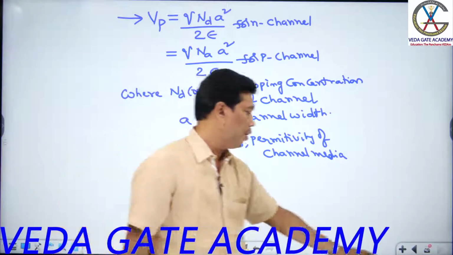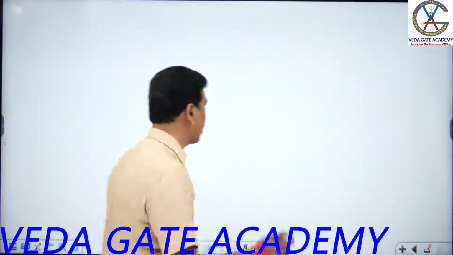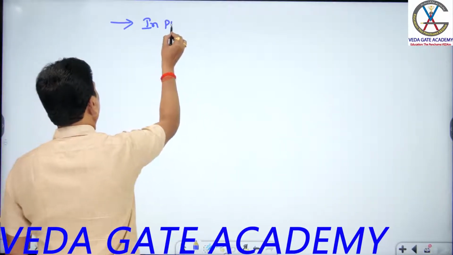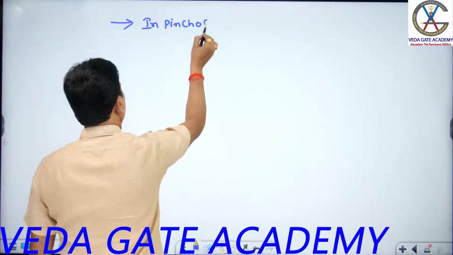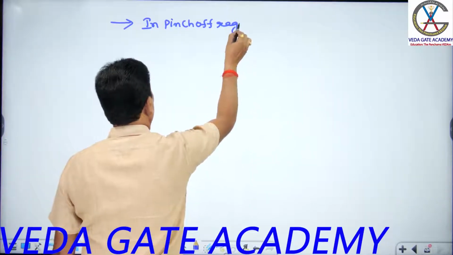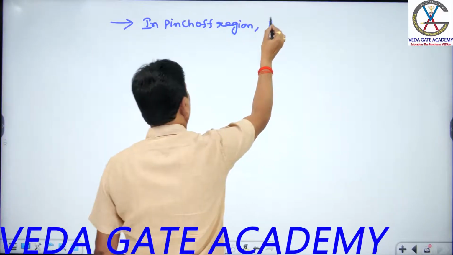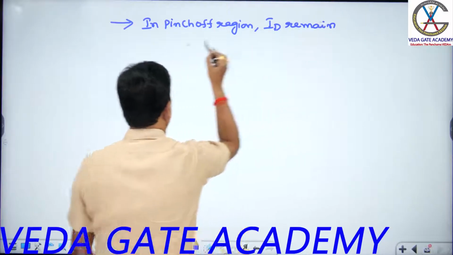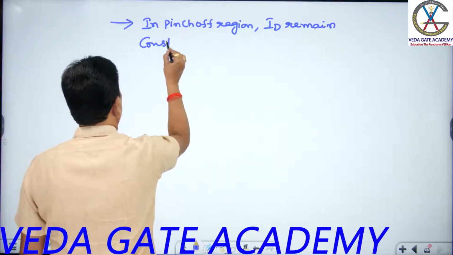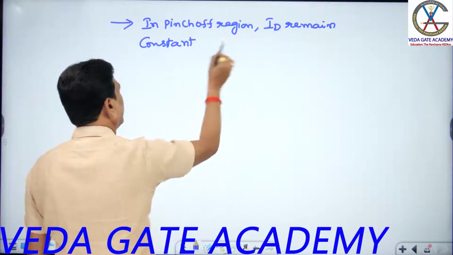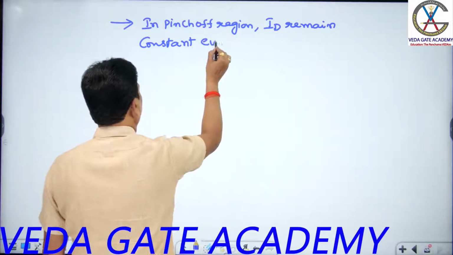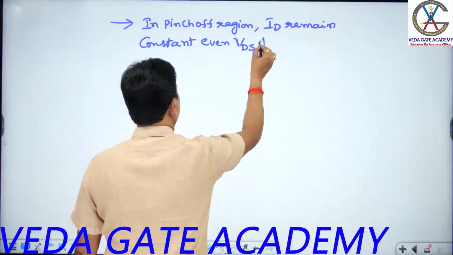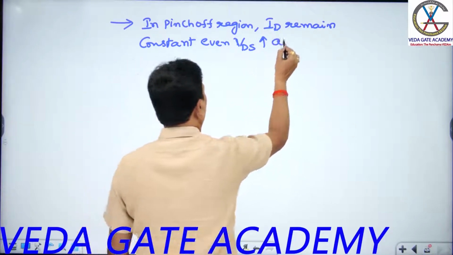Okay. So next, check out the pinch off region. In the pinch off region, what I told you, ID remains constant because it has already attained its maximum, sir. ID remains constant even as VDS, the drain voltage, increases, and it has a flat response.